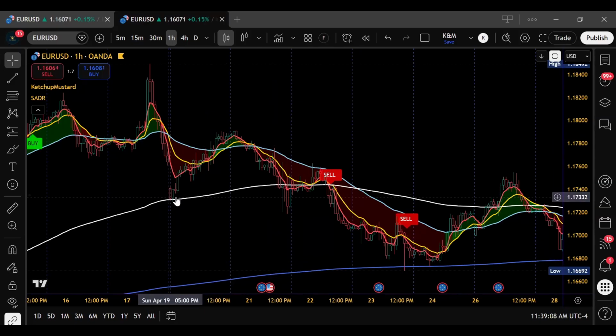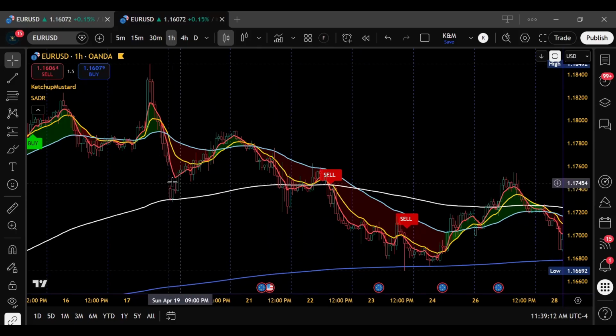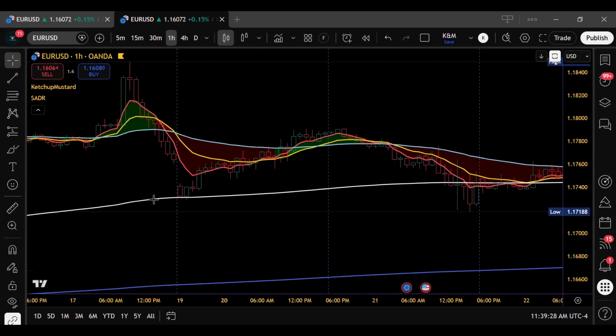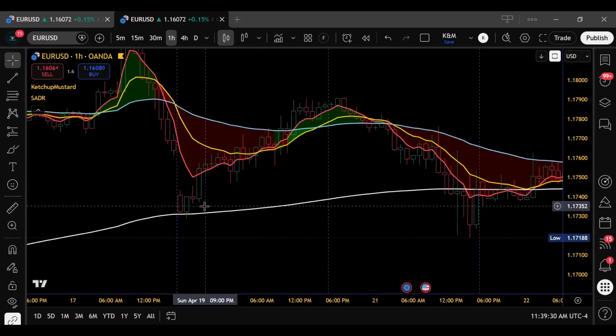So right here, what is this right here? That looks like a railroad. What else do you see?